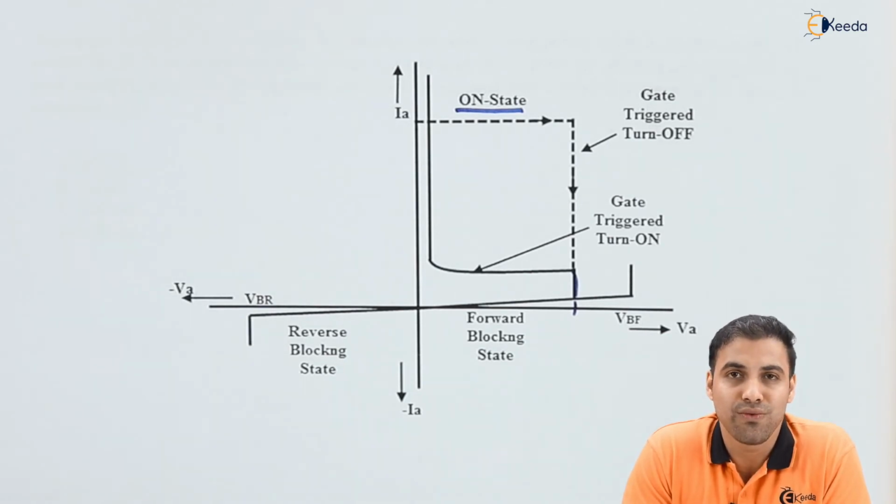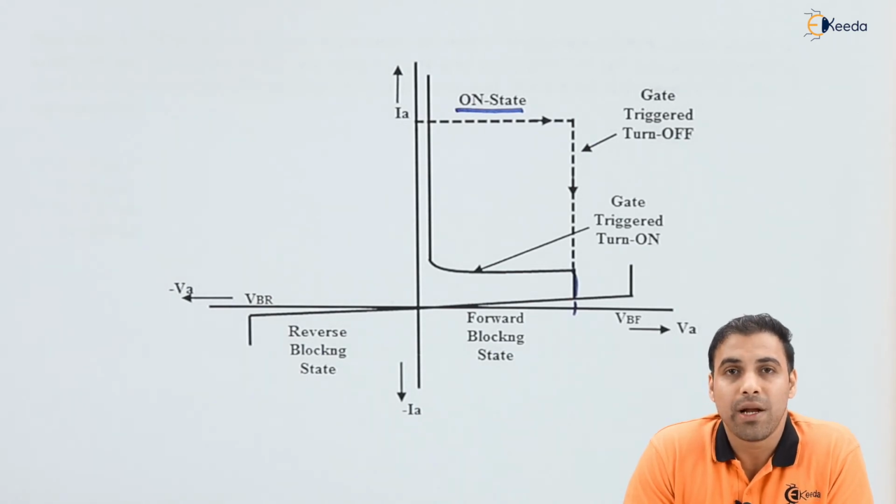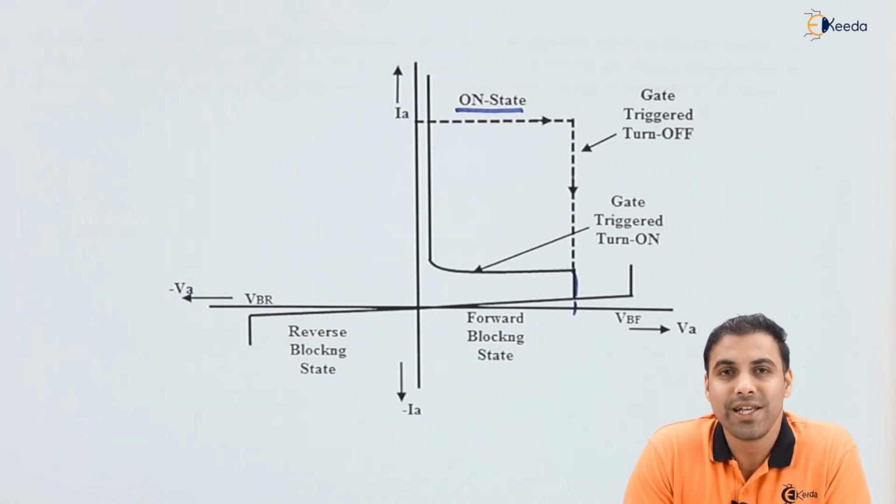The only difference is the external gate pulse, and if we apply a negative voltage across the external gate pulse, we can easily stop the GTO from conducting electricity.